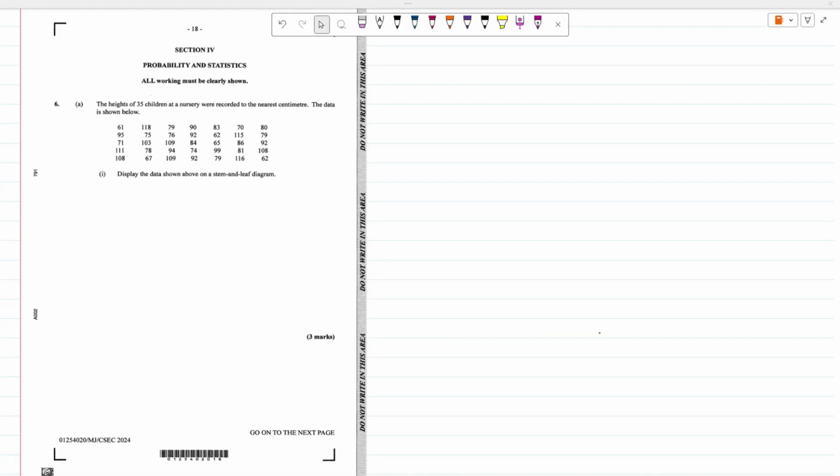So let's go. First, I'm going to write down what my key is. 1 | 1 is equal to 11. There we go. 1 | 2 is equal to 12. Cool.